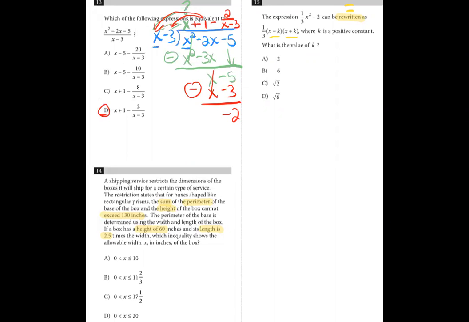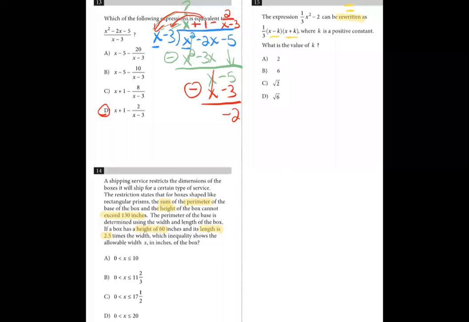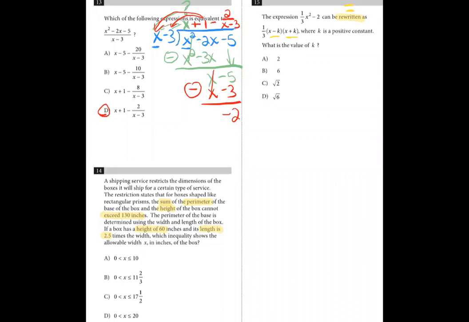Real quick though, for those of you that are familiar with synthetic division, and again, this is something you might want to research a bit more if it's not familiar to you. For synthetic division, all you have to do is take the coefficients of the numerator.